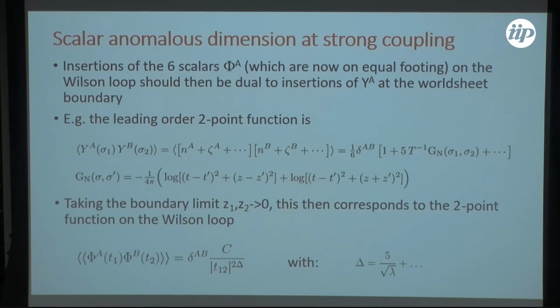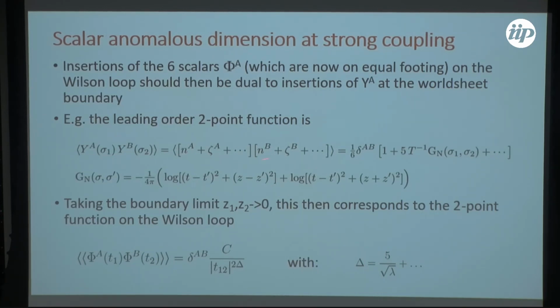So now what is natural to identify with the boundary insertions of scalars is directly these embedding coordinates, big Y, which transform in the same fundamental of SO6, right? So correlation functions of phi's are like correlation functions of Y insertions at the boundary. This is how the two-point function would go at leading order.